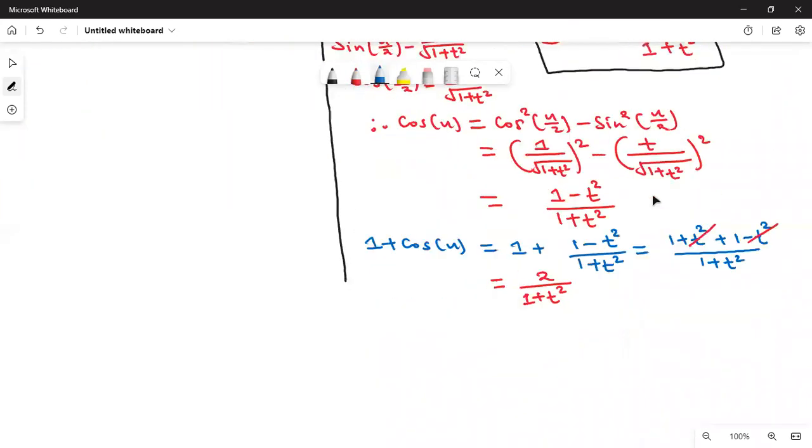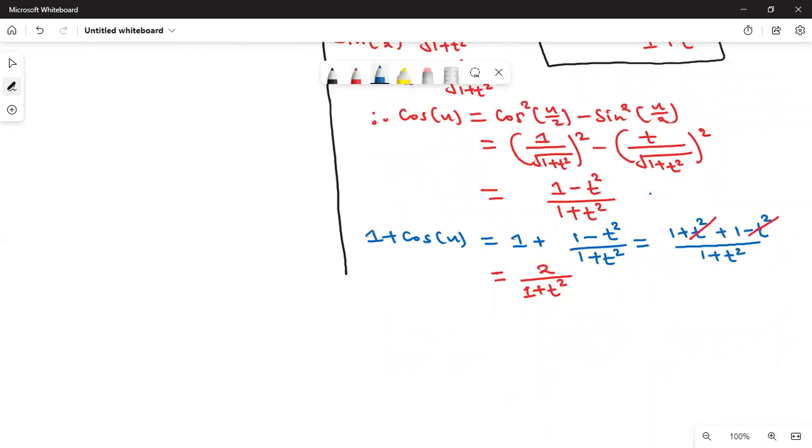What is that? Cosine of u, we got 1 minus t squared over 1 plus t squared.